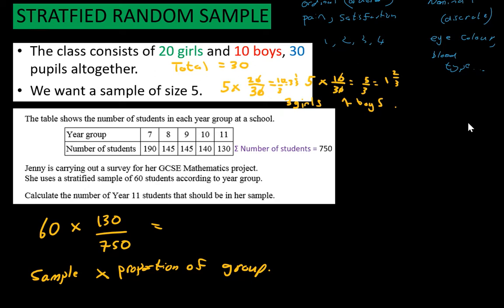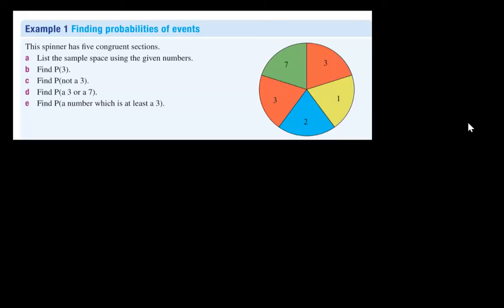So let's do 13 over 75 times 60, and that gives us 10.4. We round down, so 10 people from year 11. Okay, so let's have a look at probability.